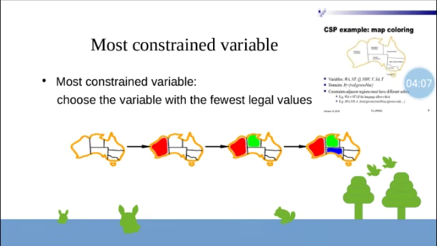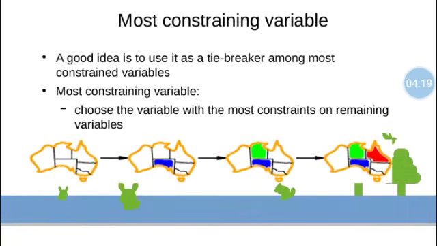For the most constrained variable, choose the variable with the fewest legal values, because that variable will have more constraints, so it will have fewer legal values. In this case the most constrained variable is South Australia. Why South Australia? Because South Australia has an edge with almost every other region.